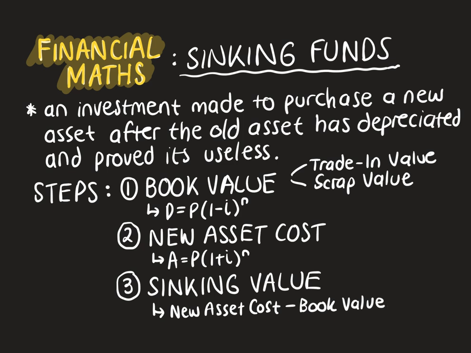You've bought a car. In 5 years' time, you want to buy another car. So when that 5 years comes, you're obviously going to have to pay for the new car at its new price 5 years later, and you're also going to get money for the car that you've traded in. So the amount of money that you need in a sinking fund to be able to cover the extra costs on your new vehicle is going to be your new asset cost minus your book value.